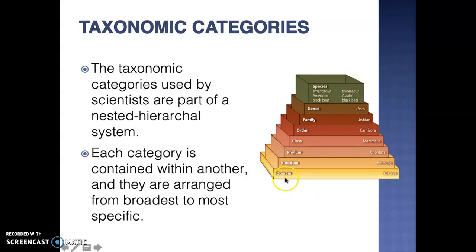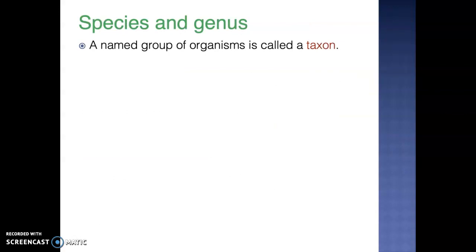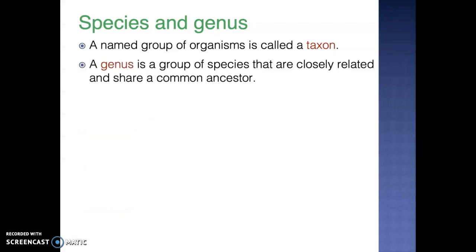So the broadest category is domain, and the most specific category is species. Species and genus are, once again, the two-word name that we assign to an organism. A group of organisms is called a taxon. A genus is a group of species that are closely related and share a common ancestor.